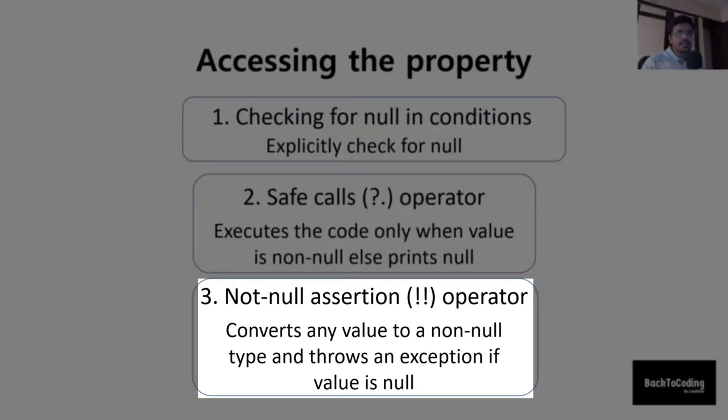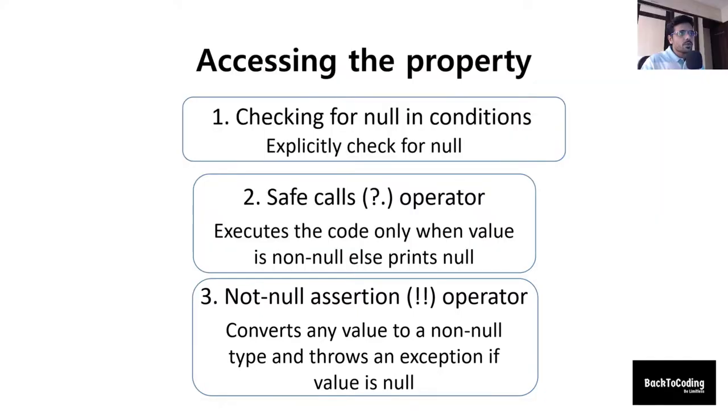The third option is the not-null assertion operator, which converts any value to a non-null type and throws an exception if the value is null. Note that this operator should be used only when you are sure that the variable's value is not going to be null. Else, it leads to an NPE, that is a null pointer exception. Let's see it practically.